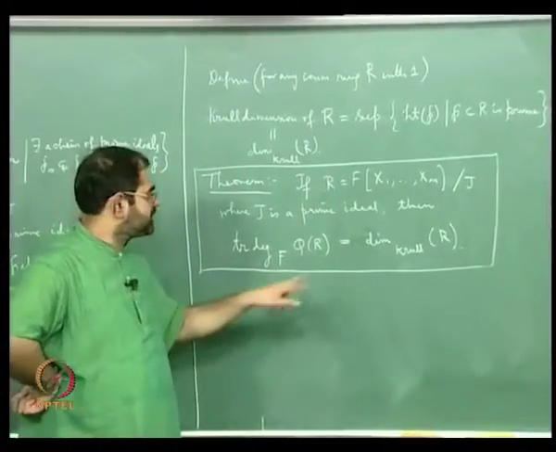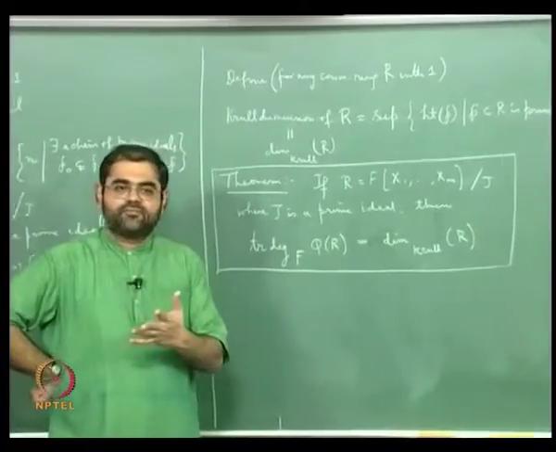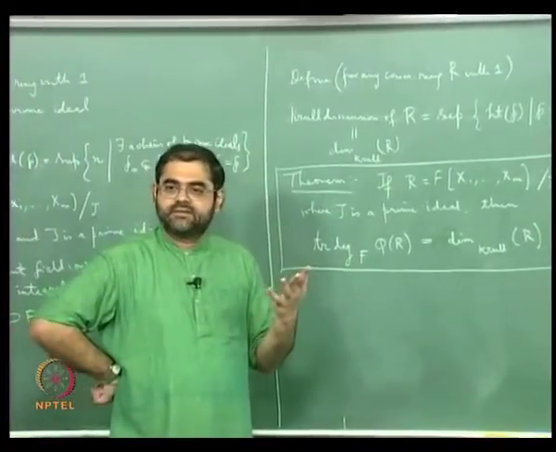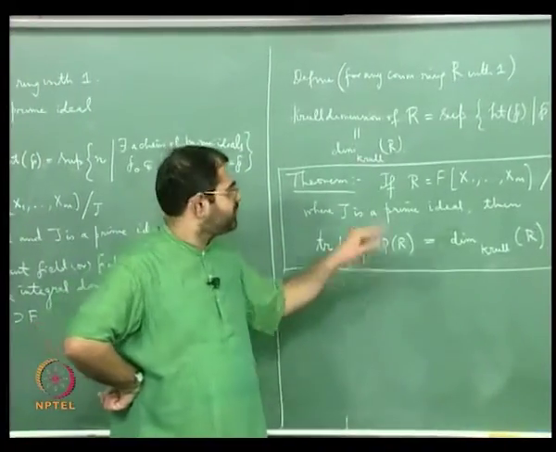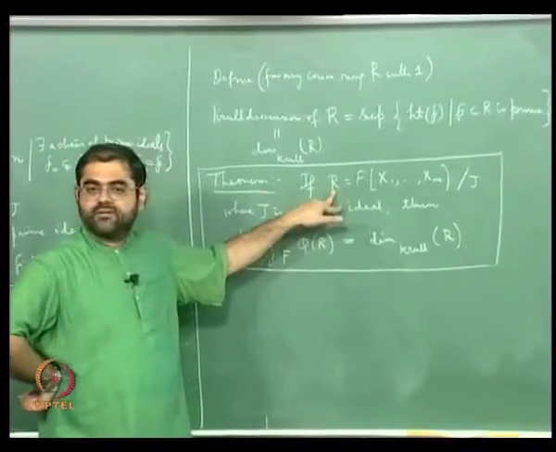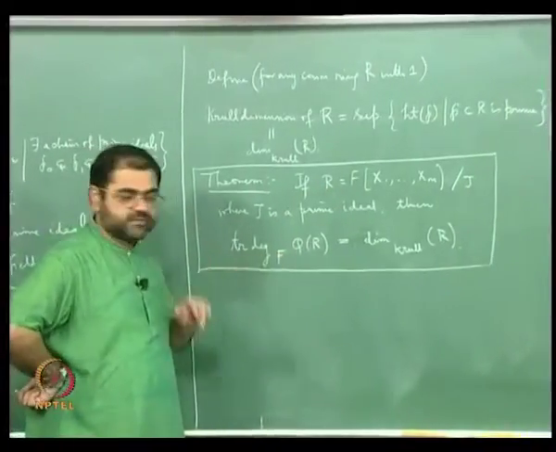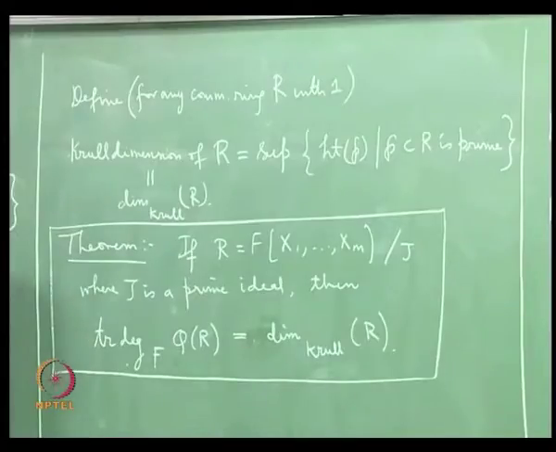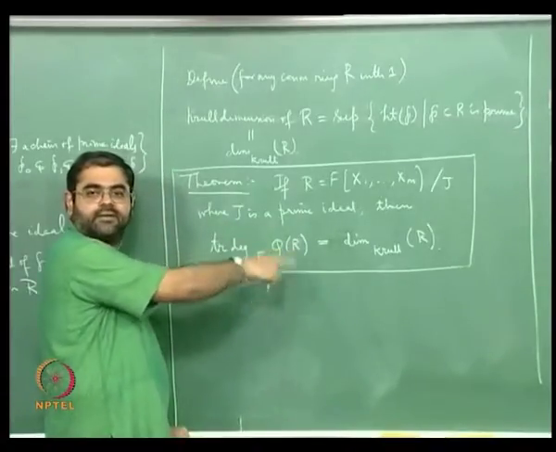It actually measures the number of algebraically independent elements in the fraction field of the integral domain over the base field. So in some sense, this is analogous to what you do in linear algebra.